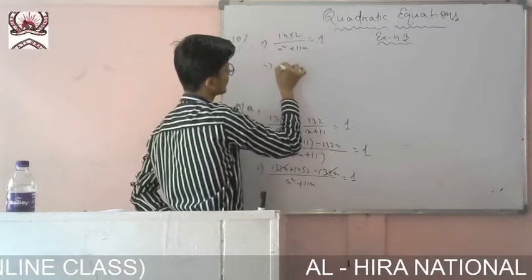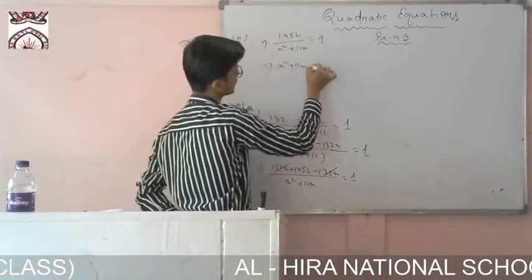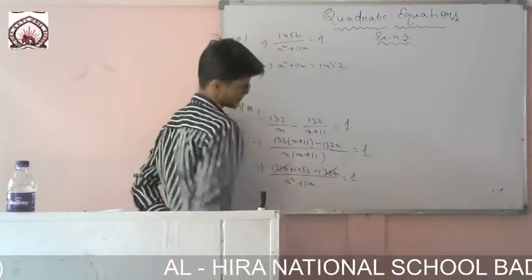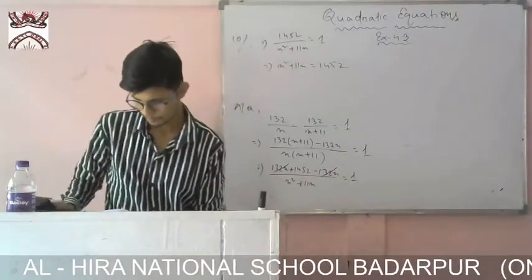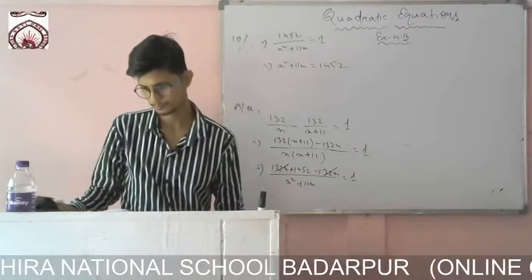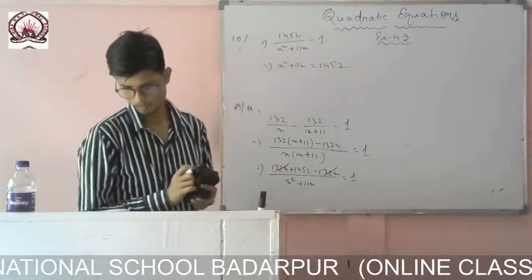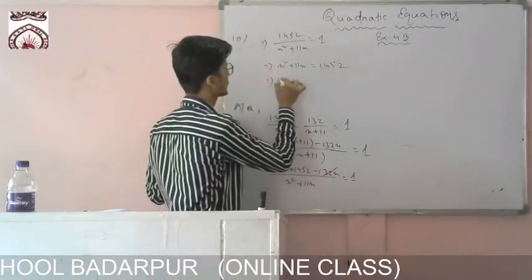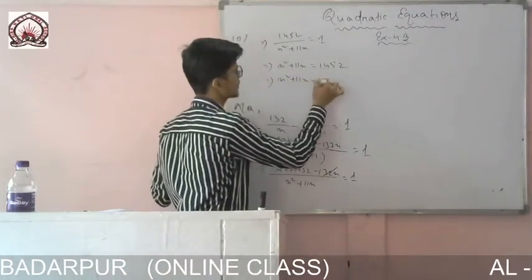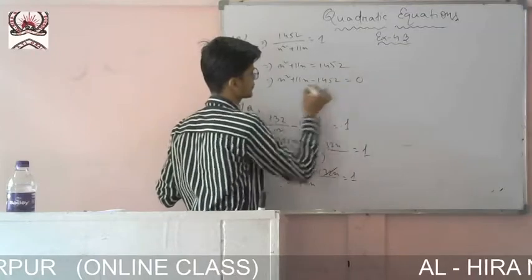So it will be x square plus 11x equals 1452. X square plus 11x minus 1452 equals 0.